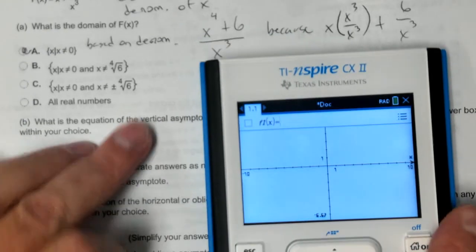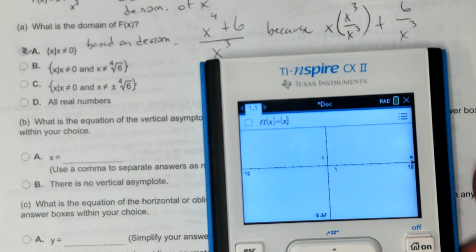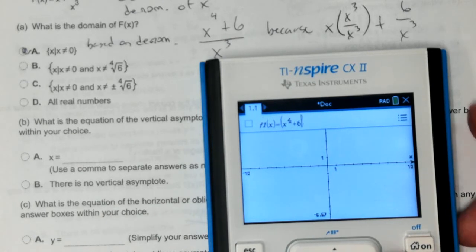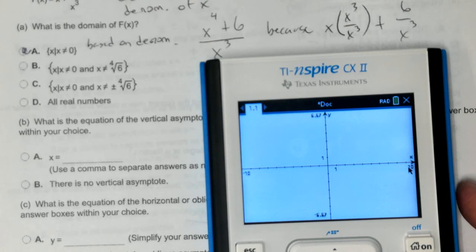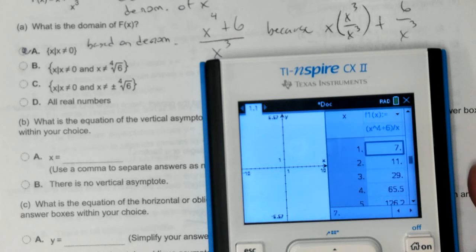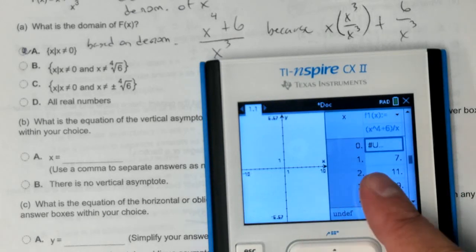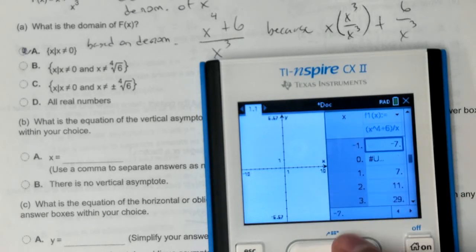So if we have x to the 4th plus 6 over x. Okay, let's go to the table. Okay, undefined right there. So it looks like we need to do zoom fit on this one.